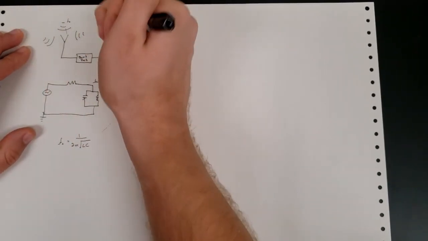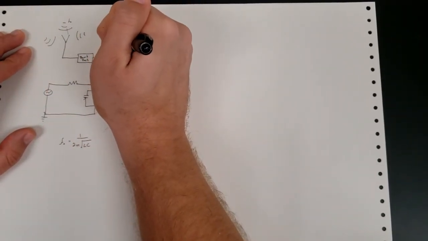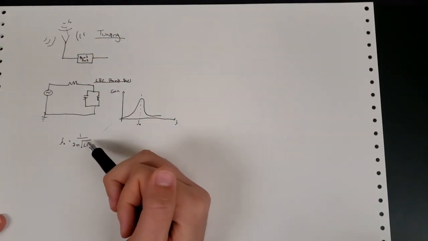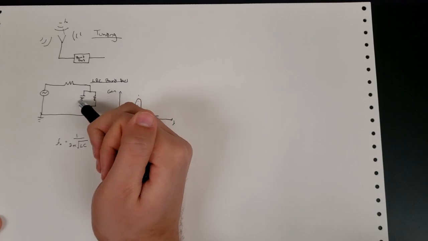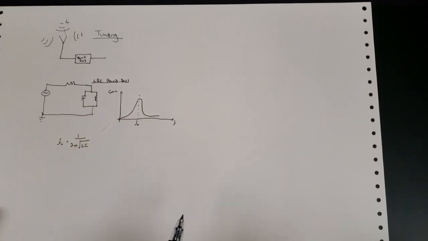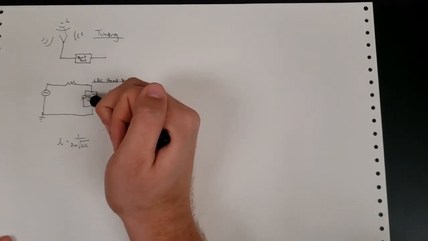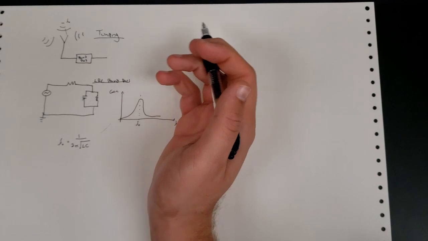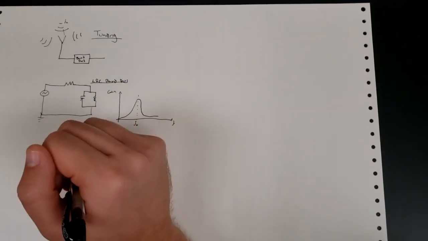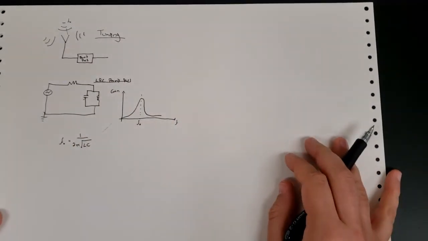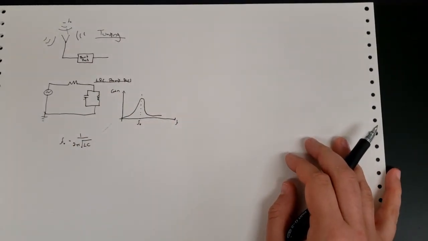When we talk about tuning our circuit, this is what we mean: selecting the L and C. Typically this inductor and this capacitor will be variable. As you're changing the station on your radio, you're actually changing the value of either this inductance or this capacitance. At least that's how these radios used to work. Okay, so that's how we tune and filter out all of the signals that we don't want.